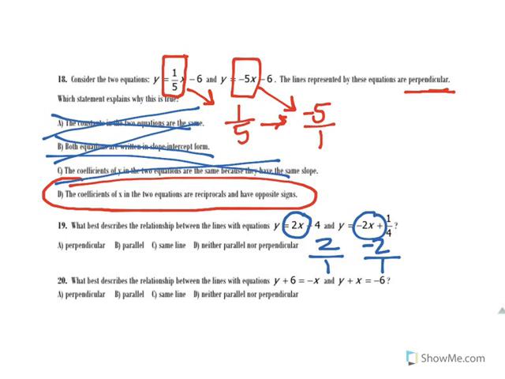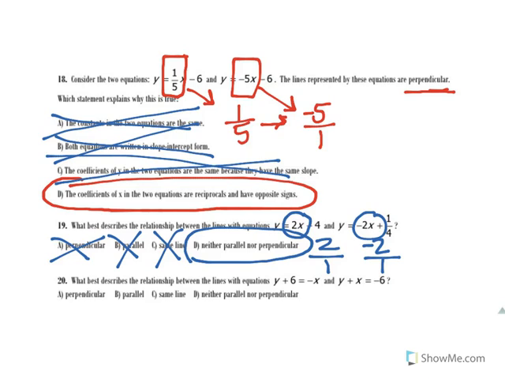These are not reciprocals. They have the opposite sign, but they're not reciprocals, so they cannot be perpendicular. They aren't the same. They have opposite signs, so they can't be parallel. They're not the same line because they don't have the same slope. So it's neither. It's D.